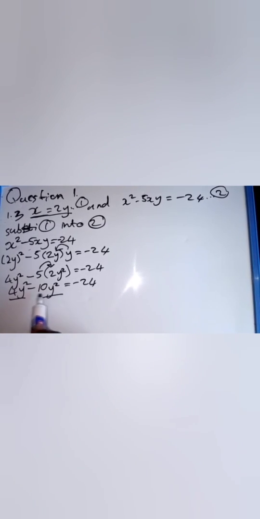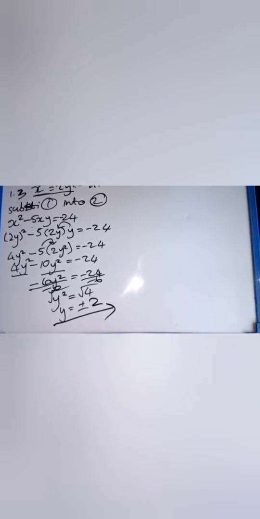Since I've got like terms, 4y squared minus 10y squared will be equal to negative 6y squared is equal to negative 24. Divide both sides by negative 6. Y squared is equal to negative 24 divided by negative 6, which gives us 4. So y, square root both sides, y will be equal to plus or minus 2. So that's my solution there for my y.